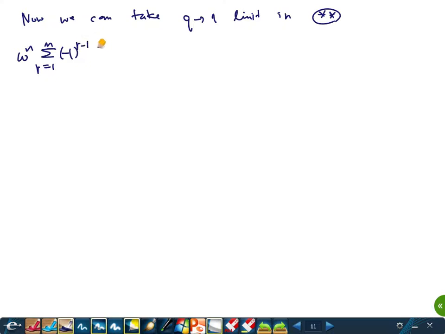Now we can take finally Q equals 1 limit in the equation double star. Then we get this. Equals minus 3.